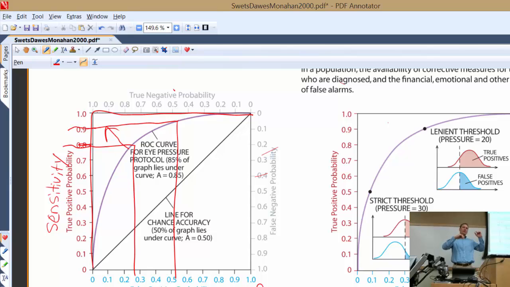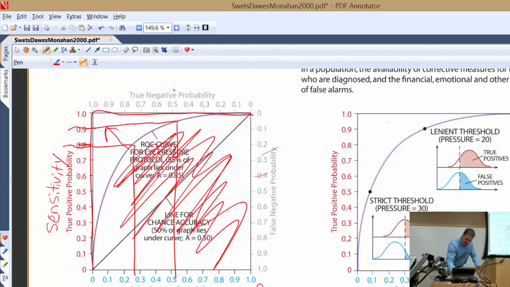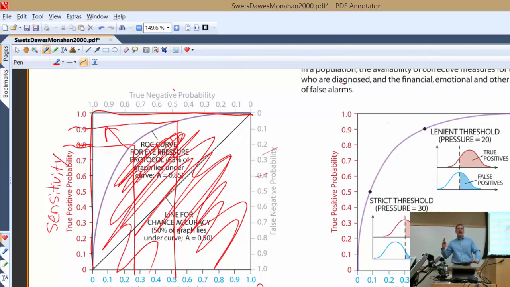You could say this area here. What's happening to the area as the ROC curve gets closer to the upper left-hand corner? Is it increasing or decreasing? It's increasing, yes. So another way to think about it is that the more area that you have underneath your curve, the better the classification method.